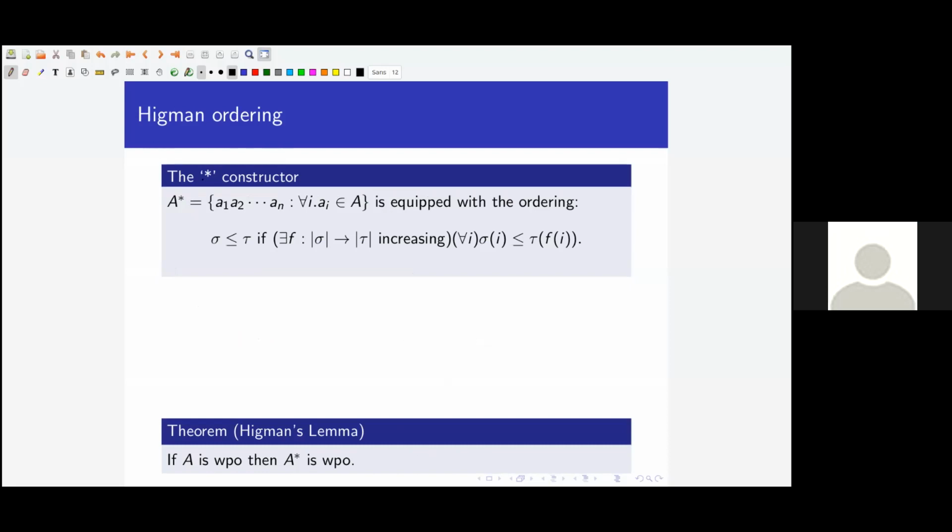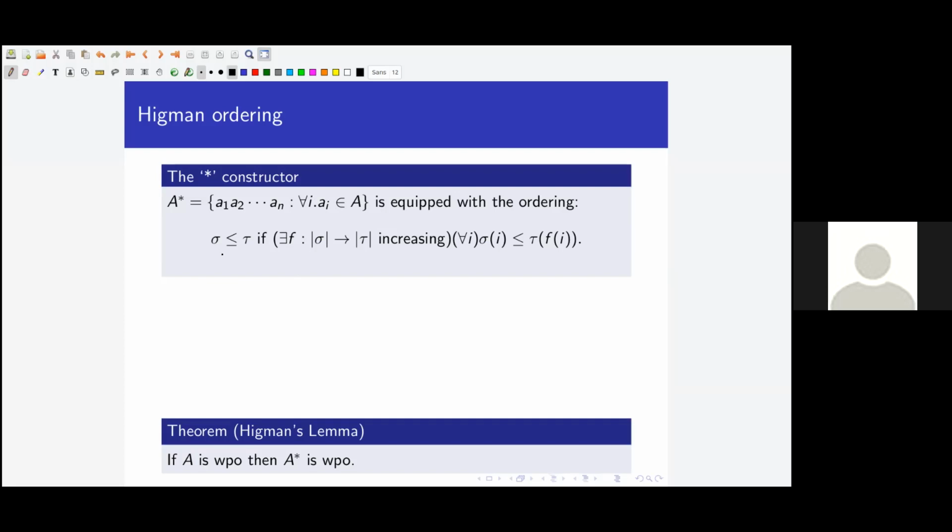If you haven't seen it before, you'll at least remember this star maybe is the Kleene closure for finite strings. So what we're doing is using finite strings as the domain of an ordering, taken from an existing ordering A. And then we're also equipping it with its own ordering on the strings, which may be a little tricky to parse.